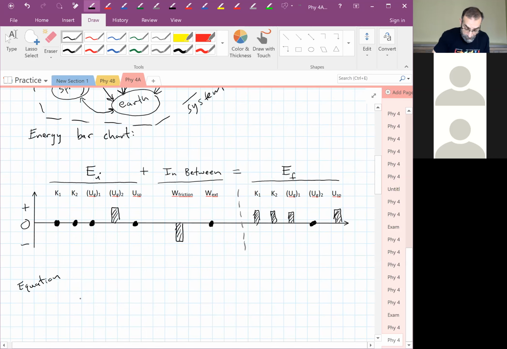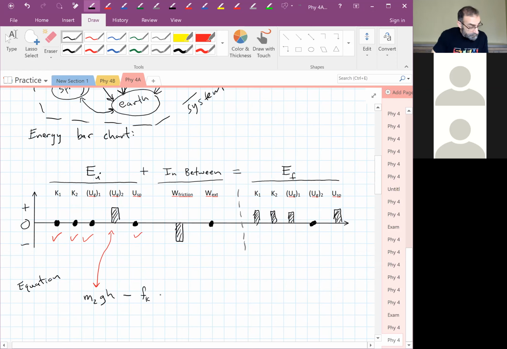So I've got M2GH. That's this one right here. Right, I've got here 0, 0, 0, M2GH, 0. Now I've got some negative quantity. Work done by friction is the friction force times the distance.